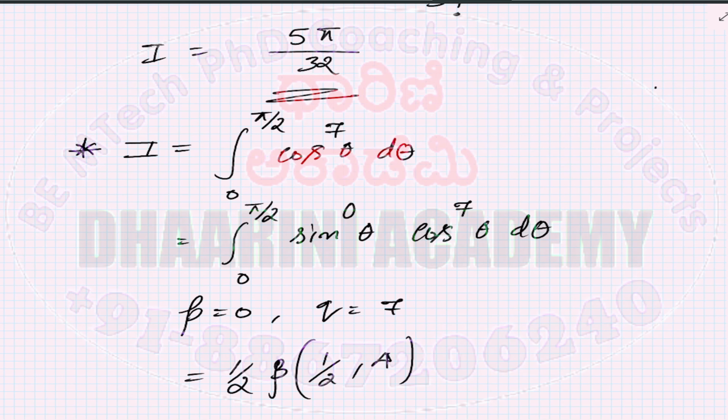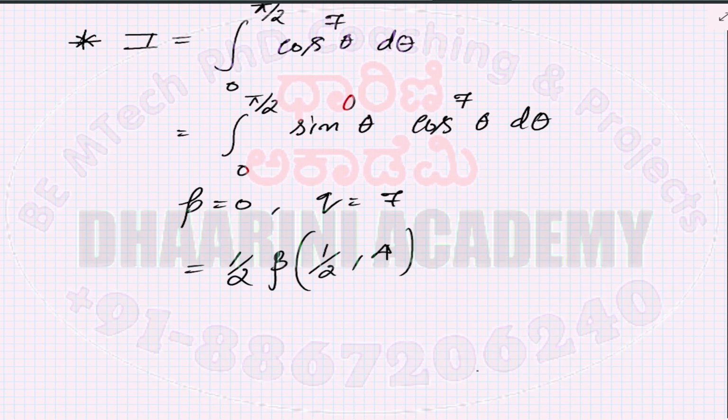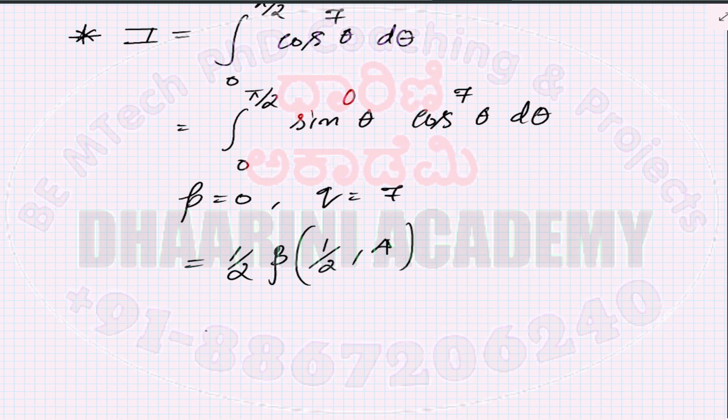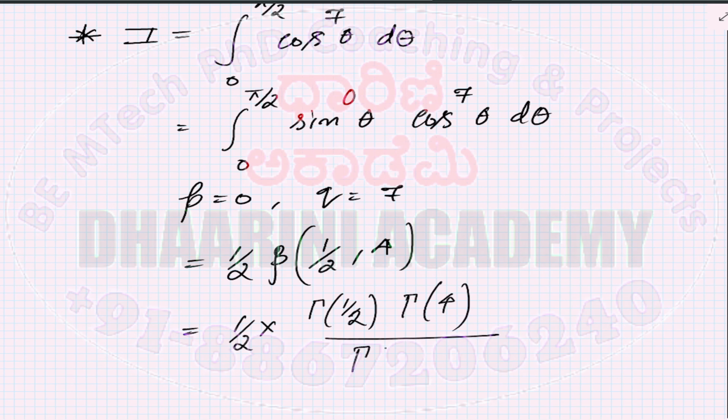So now if you simplify this further, this becomes equal to half of beta of half comma 4, which is nothing but gamma half into gamma 4 divided by gamma of half plus 4. 4 plus 1 by 2 is 9 by 2.